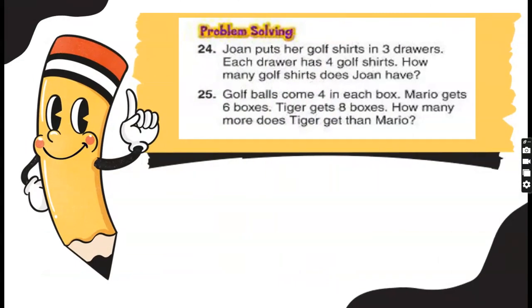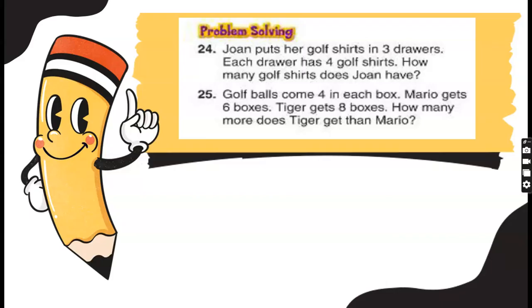Now, let's remember how we answer this kind of questions, the worded problems. Question 24. We have Joan. She puts her golf shirts in 3 drawers. Imagine that we have 3 groups. It's like saying we have 3 groups, 3 drawers. Each drawer has 4 golf shirts.